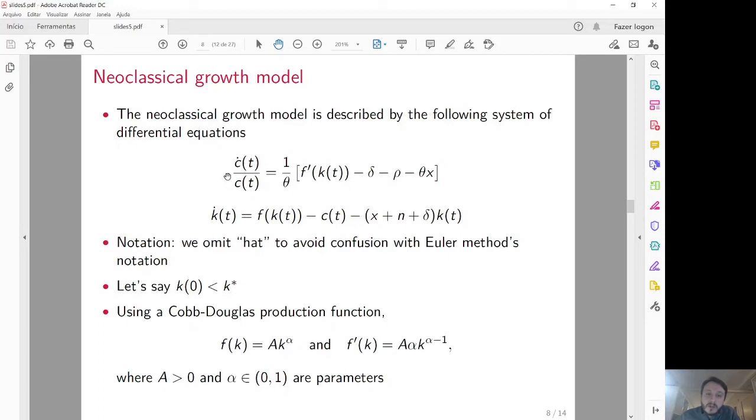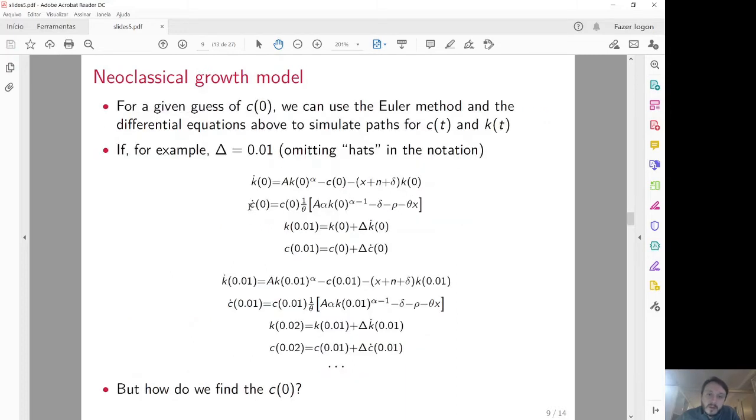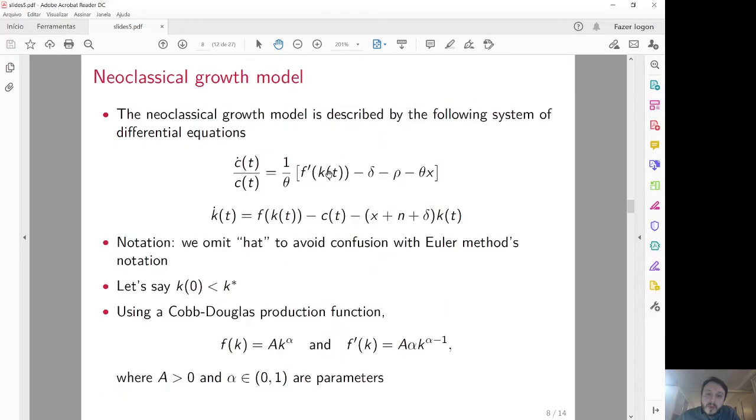Take a look at this equation, C dot over C. If we multiply both sides of the equality by Ct, we get C dot t as a function of Ct and this right hand side. So if we have K0, we have C0, and also F prime is the Cobb-Douglas derivative here.